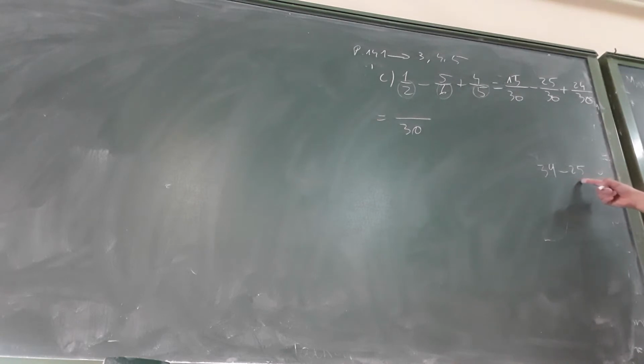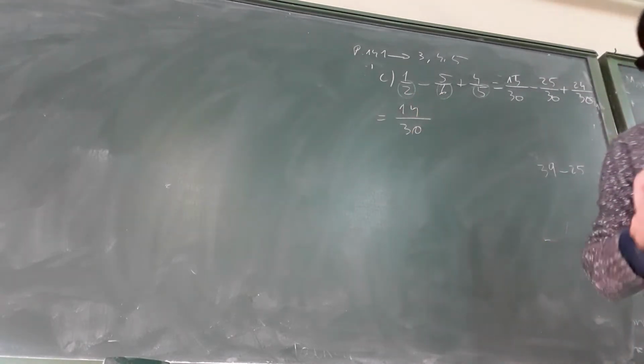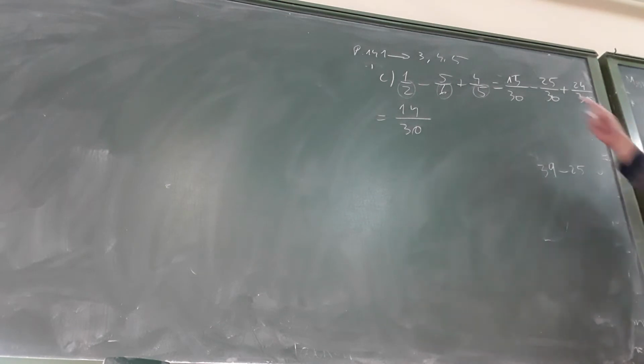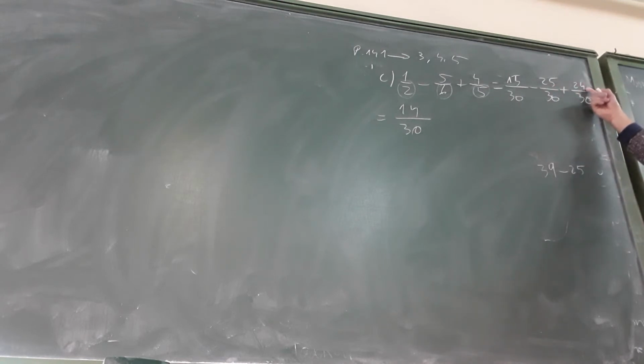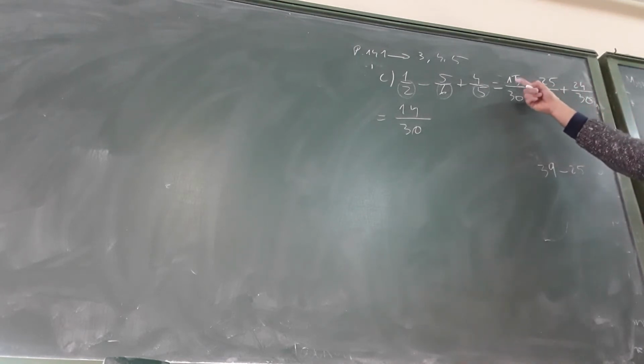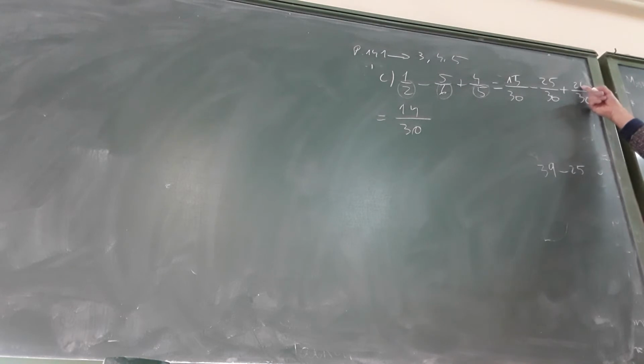Not 24. Try to review it. I think it's 14, guys. Yes, 14, not 24. 15 minus 25 is minus 10, right? Minus 10 plus 24, 14. Or if you do it by joining the positives, 15 and 24, 39, right?